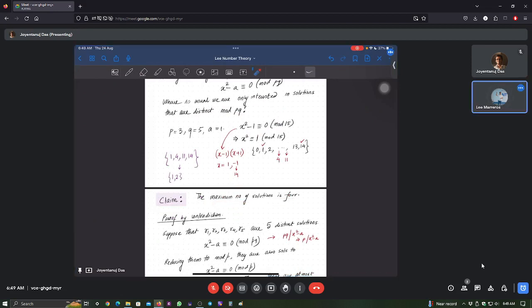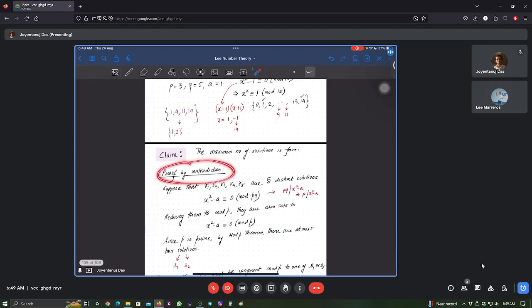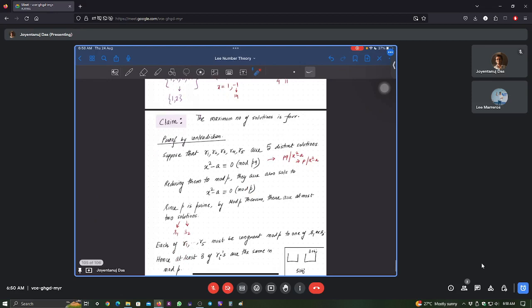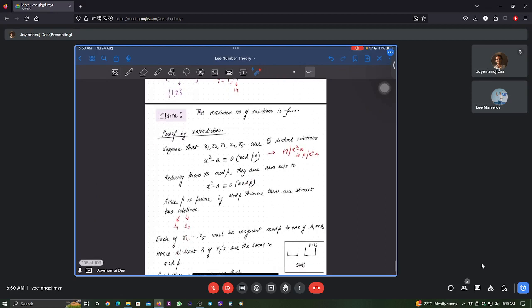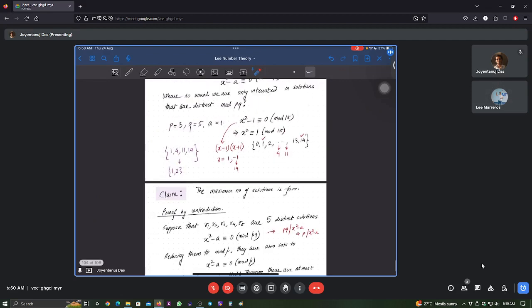So you want to prove it by contradiction. We assume there are five distinct solutions, that is, they are not congruent to each other modulo PQ, and we proved that this fails. So at most the number of solutions is four, and we also saw an example where four such solutions exist.